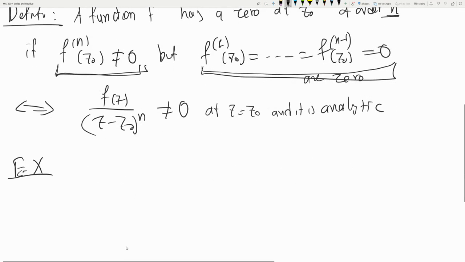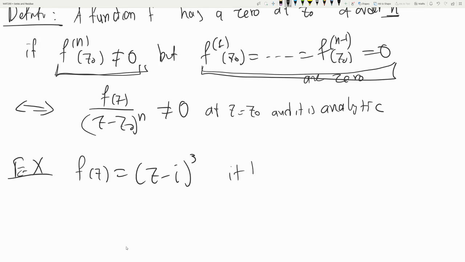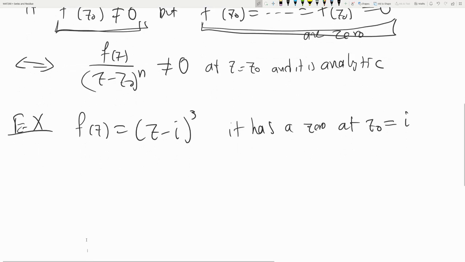Let's start very easy. f of z equals (z minus i) cubed. Well, it has a zero at z naught equal to i. And what is the order? Well, you can say it's 3, but let's do it a bit formally.